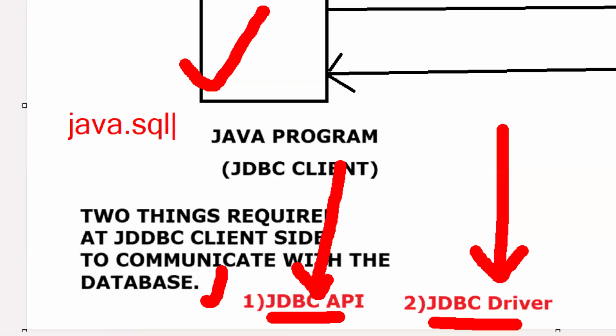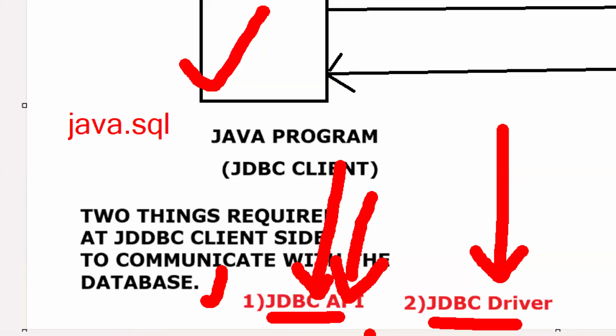That's all. Java program, to perform any task with the database, uses these library methods. But thank God you need not separately install anything. The moment JDK, Java Development Kit, is installed, along with that, JDBC API is installed. Over.